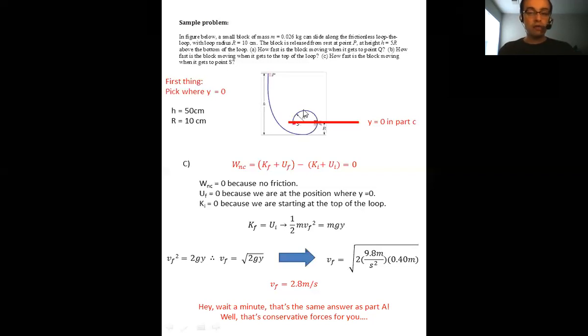You could do an infinite corkscrew here. And as long as you're ending up at the same point, relative to something that you've defined as y equals 0, the potential energy is going to be the same.